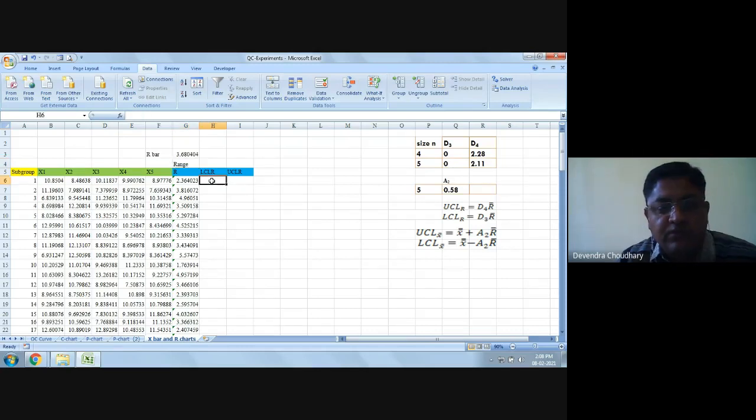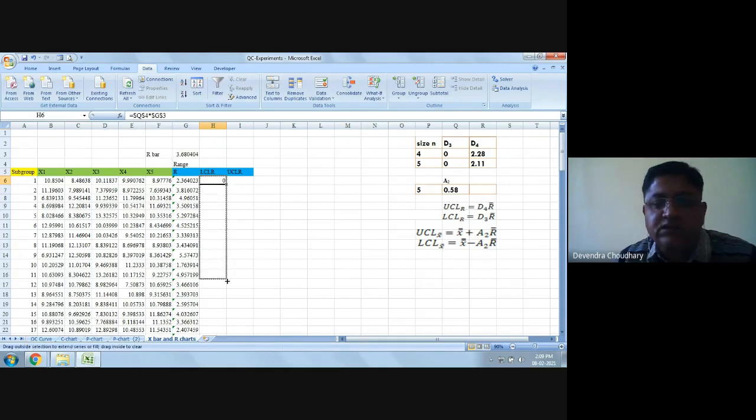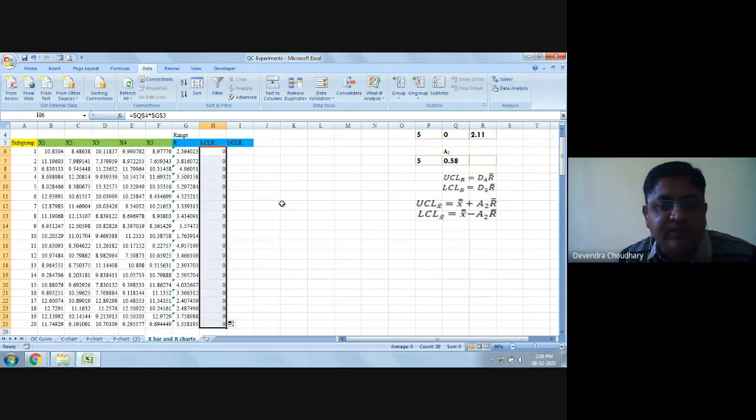So here we put the lower control limit equal to D3 multiplied by R bar, and we have to freeze both these values. So we select and press F4, right? So here it will take 0 value since D3 value is 0 for sample size 5.